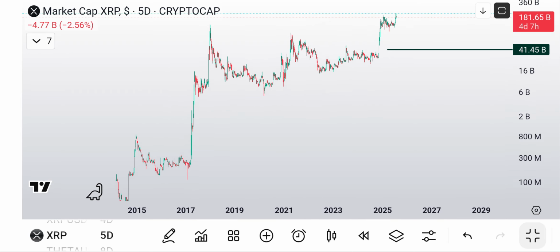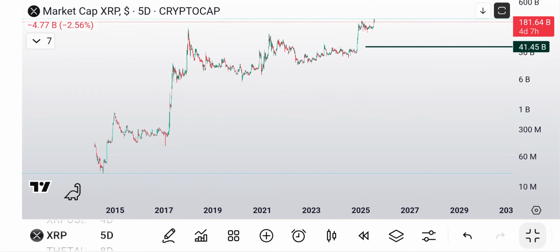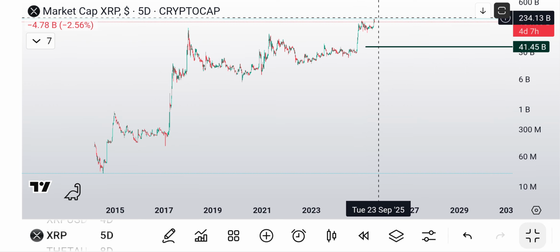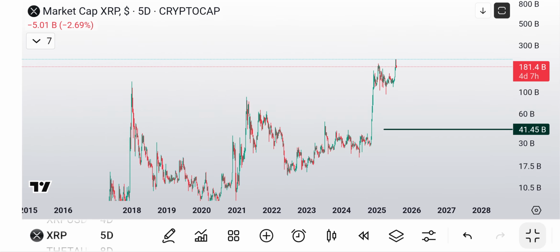So what we just did was this little teeny tiny thing right there, that little tiny move, is the equivalent of being at $41 billion and then going to zero. That is insane if you think about it. Just to tell you the sheer scale of how big this is getting. So we pulled back 41 billion. If we were at 41 billion, that would be like going to zero. That's crazy. So you could see how massive this is getting.